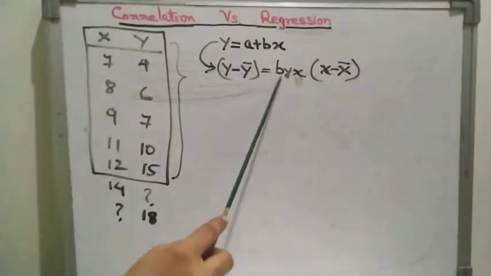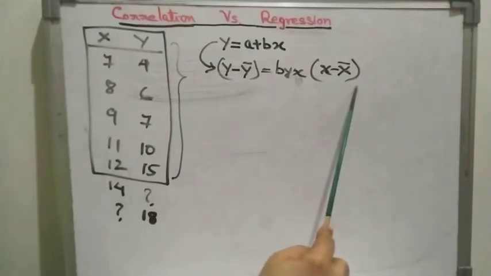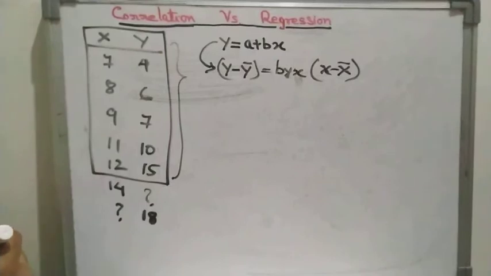This whole equation is called the regression equation, and byx is called the regression coefficient of y on x.